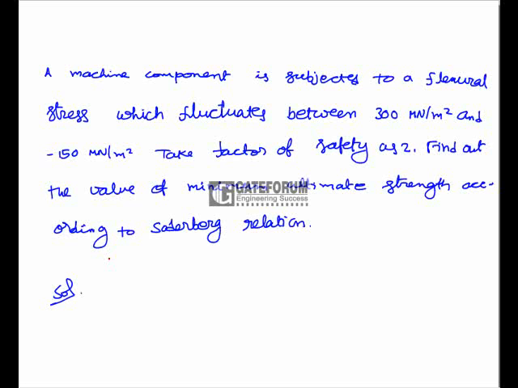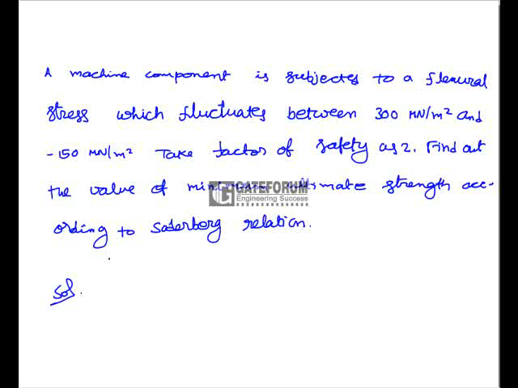A machine component is subjected to flexural stress which fluctuates between 300 meganewton per meter square and minus 150 meganewton per meter square. Take factor of safety as 2. Find out the value of minimum ultimate strength according to the Soderberg relation.